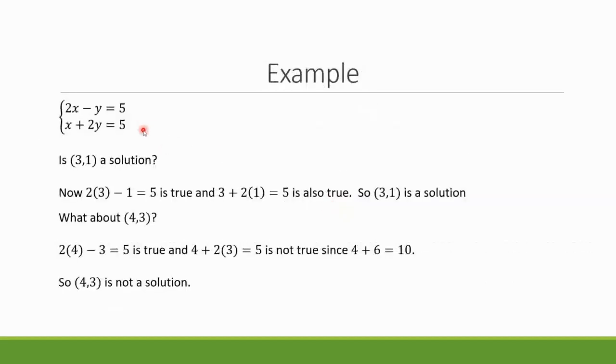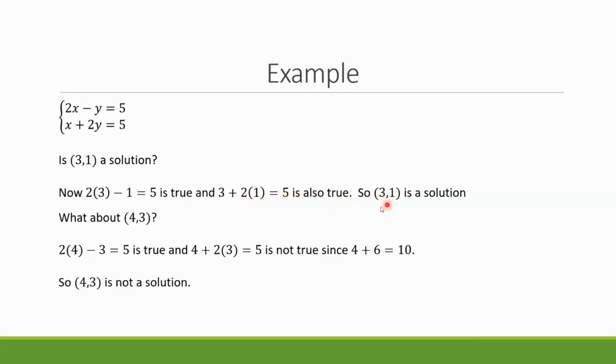Let's consider this system, for instance. The ordered pair (3, 1). Is this a solution? Well, if x is 3 and y is 1, in the first equation, we get 6 minus 1, which is 5. Okay, that's true. What about the second equation? We have 3 plus 2 times 1, which is 5. That's also true.